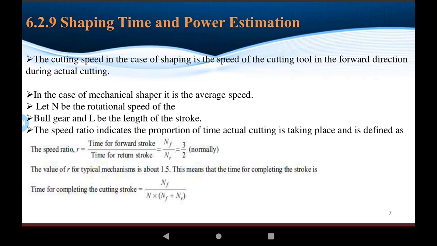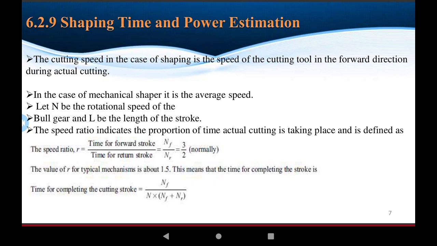In the case of a mechanical shaper, it is the average speed. Okay, both are mechanical shaper machines, performing the work at medium speed, and there is no loss of power in this machine.